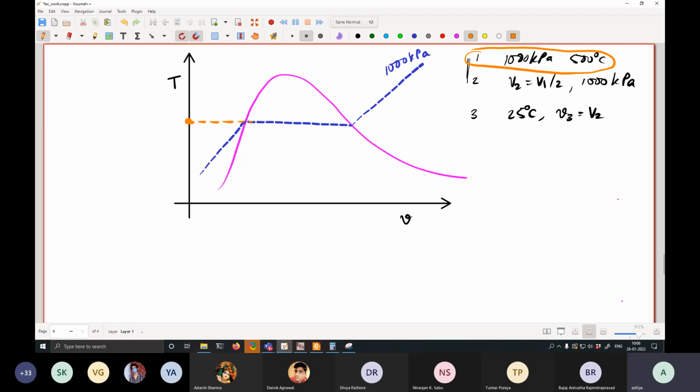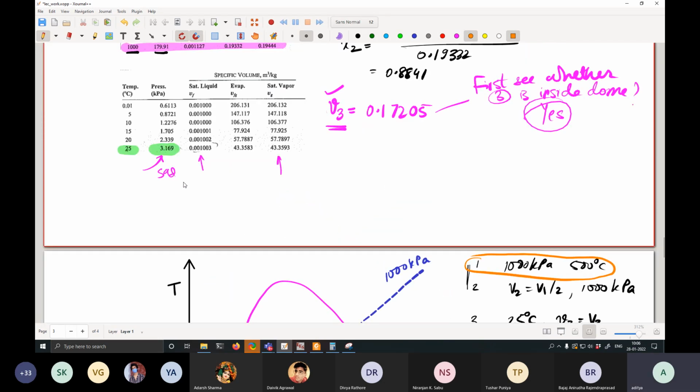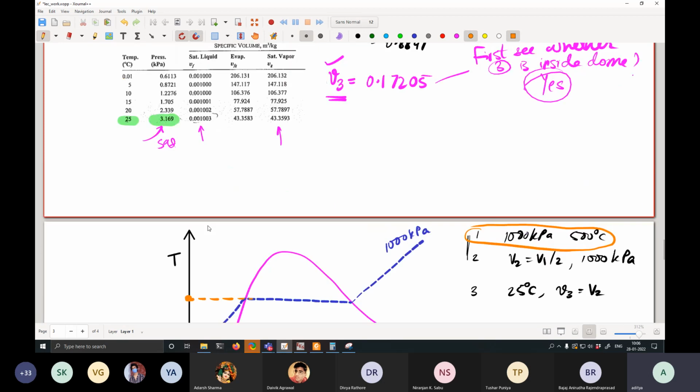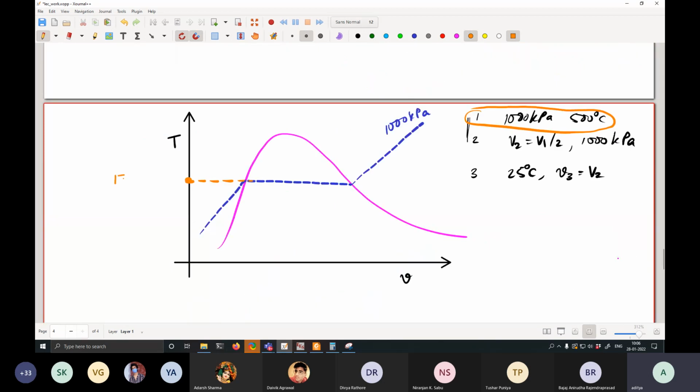This temperature corresponds to the saturation temperature at 1000 kilopascal. We have just found it out. It comes out to be 179.91 degrees Celsius. So correspondingly 500 degrees Celsius will be somewhere over here, right, Tushar? Yes, sir. Above. So we will be in the superheated region. So this is point 1.